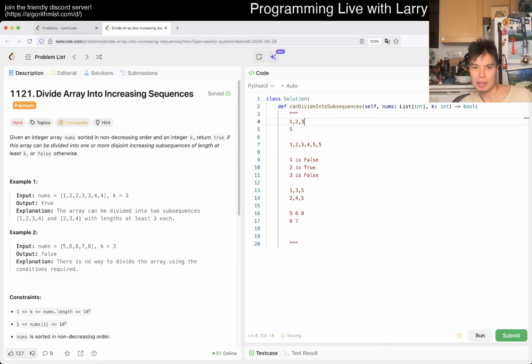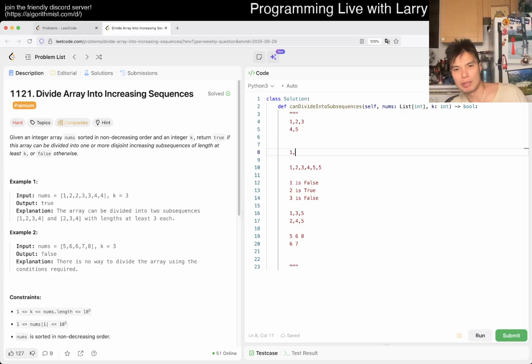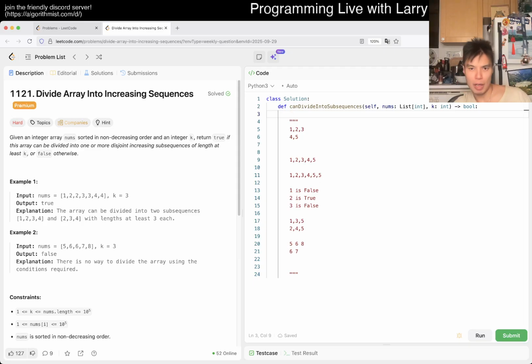Okay, we have something like this, then what? Oh, well, you just have 1, right? So you have 1, 2, 3, 4, 5. Okay, so then maybe we do something like f is equal to collections.Counter of nums. That's given.